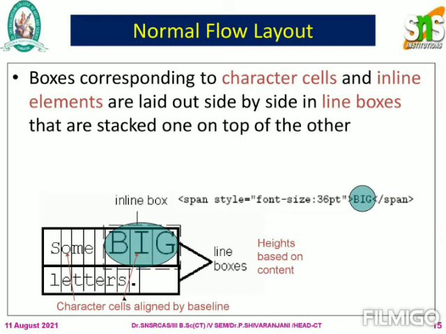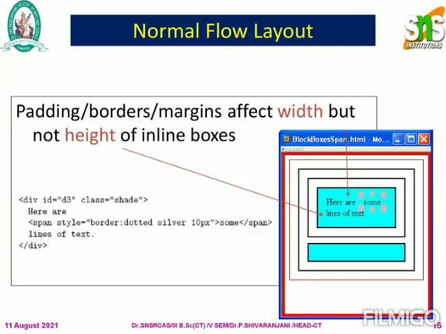For example, 'some' fits the particular block, whereas 'big' is in capital letters, and its width does not fit that particular layout. In such a case, the line box will keep the content based on the height of the content you are displaying as text.